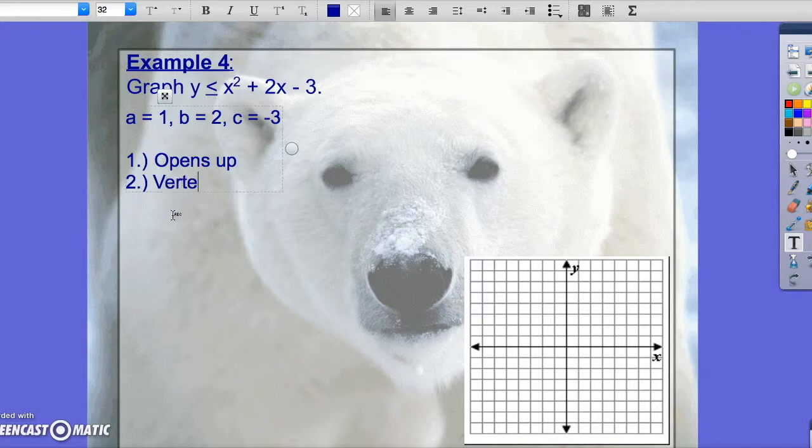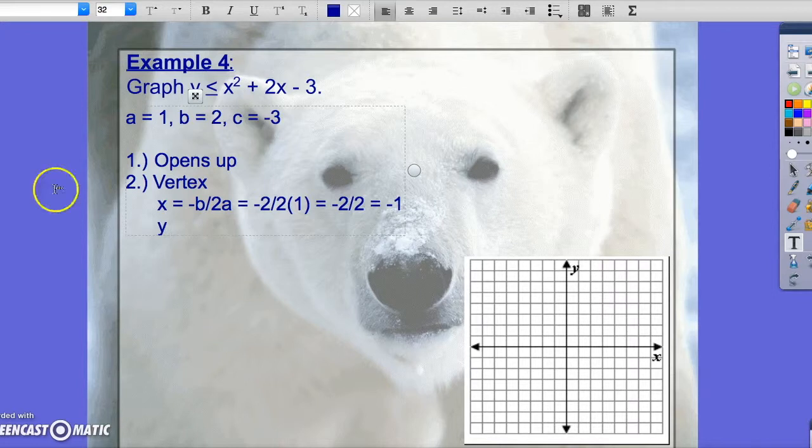-1, -2 is the vertex. So -1 for x. Y, we simply plug it back in to the original.